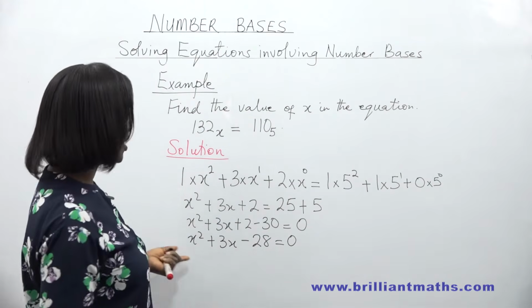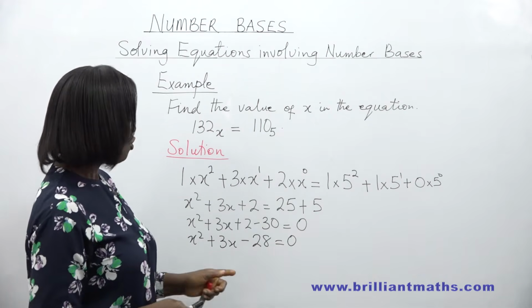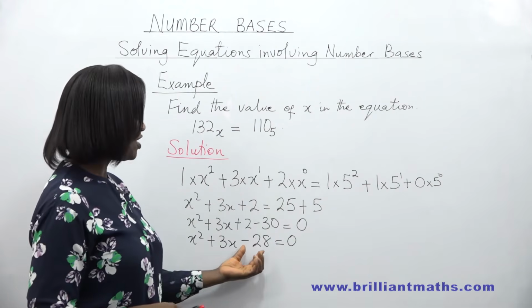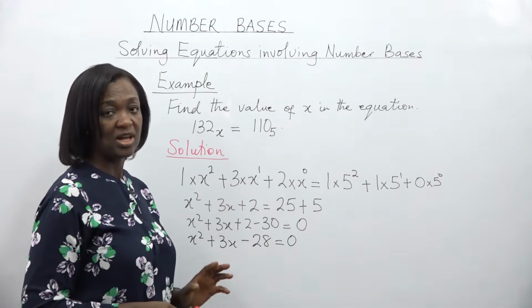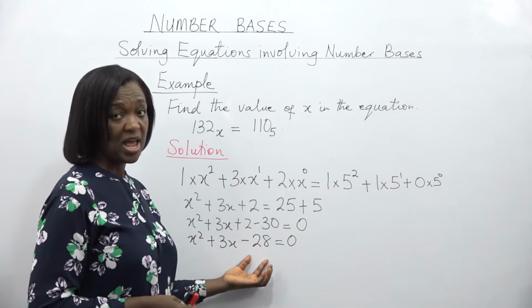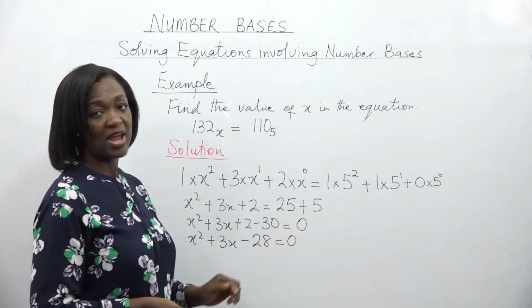We need to factorize this quadratic equation. To factorize, we need to find two factors of negative 28 such that when you multiply the factors, you will get minus 28, and when you add them, you will get positive 3x.